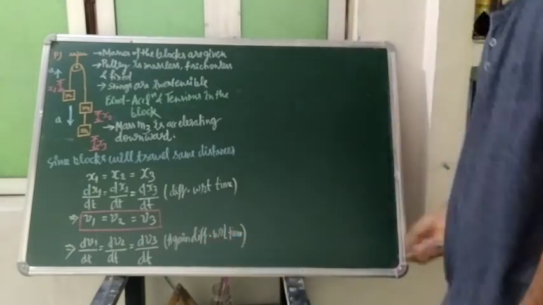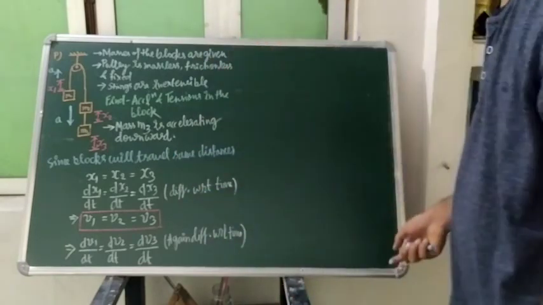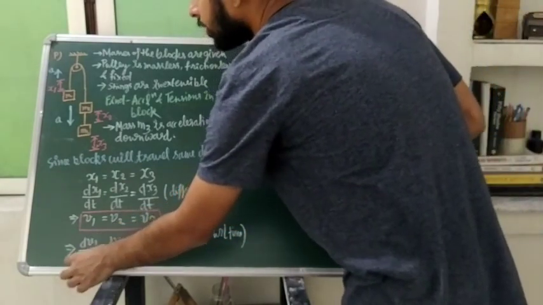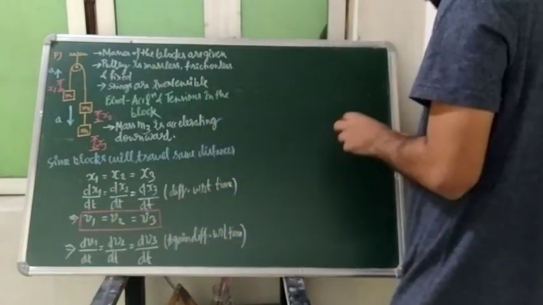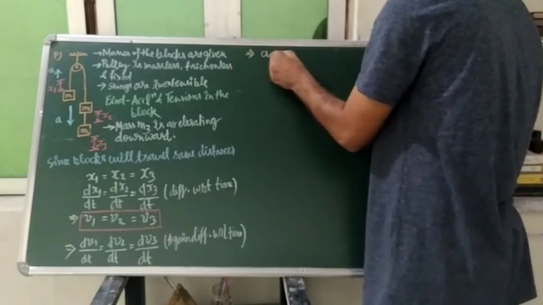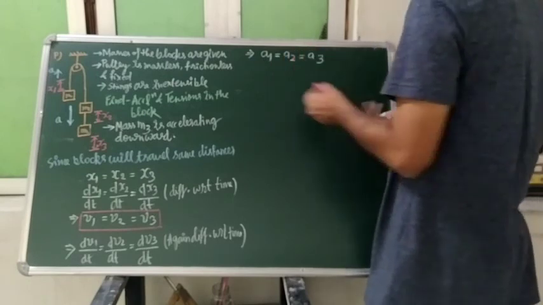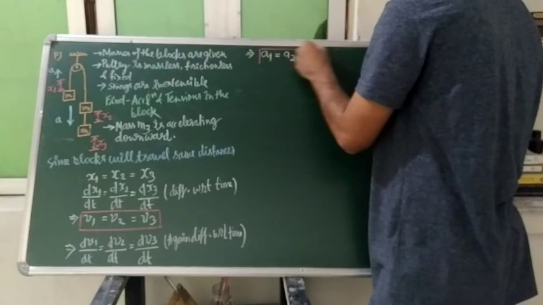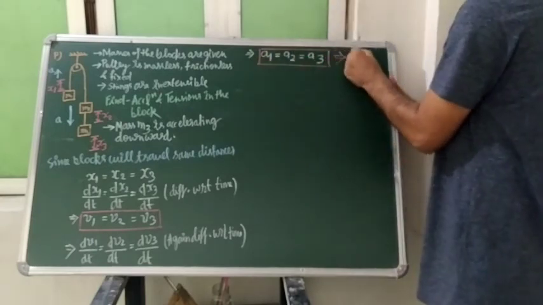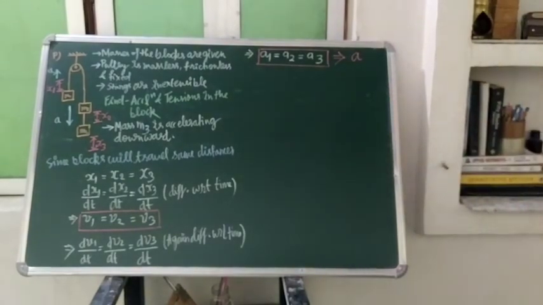Of course, student, the double differentiation of position will give us acceleration. So here we are taking change in velocity upon change in time. So what will we get here? We will get our acceleration: A1 will be equal to A2 will be equal to A3. And suppose for the time that this is equal to our A. Okay.